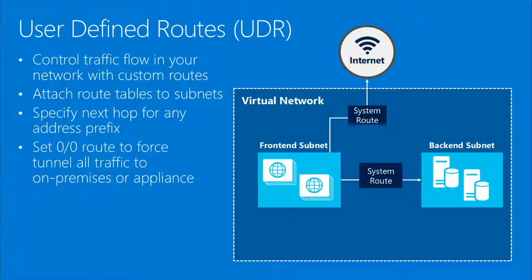But in some cases, if you want to do some advanced scenarios, wherein you want to inspect the packets flowing through your network, or provide a common NAT functionality to NAT the packets before they go to the internet, or do detailed logging or application-level firewalling, you may want to take control of how the packet flow is happening within your virtual network.